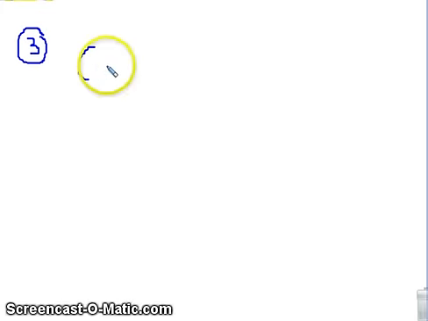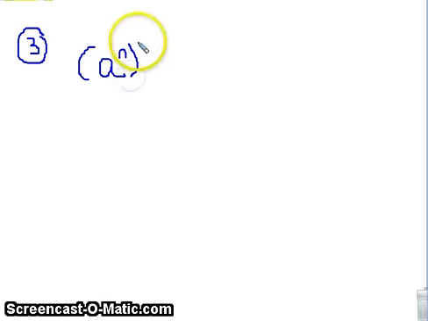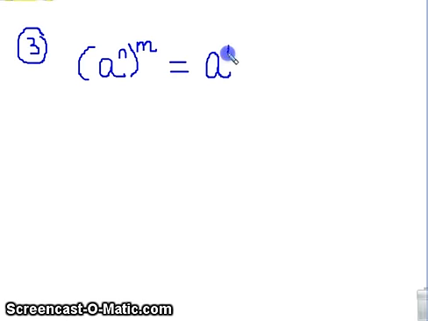So let's try again. This is going to be rule number 3. Rule number 3 says that if I have a to the nth power and I raise it to the m power, I'm going to actually multiply those two. Now I know that the whole rules don't make a whole lot of sense.